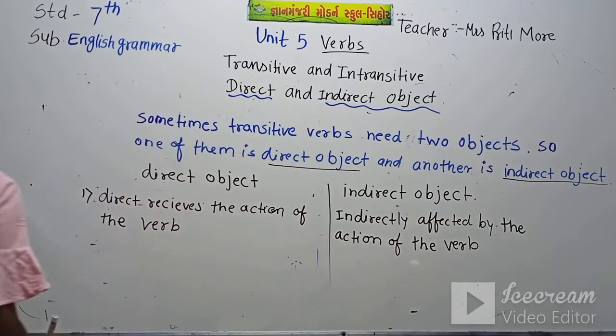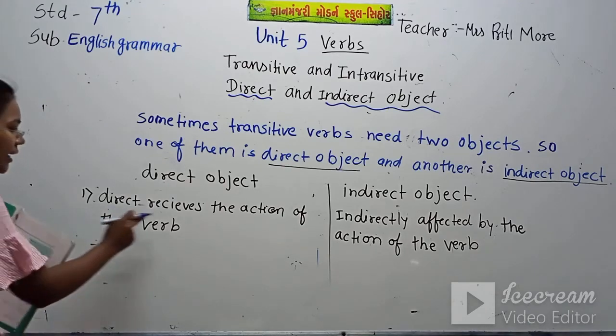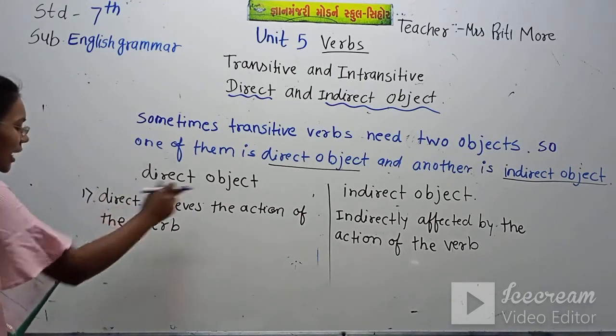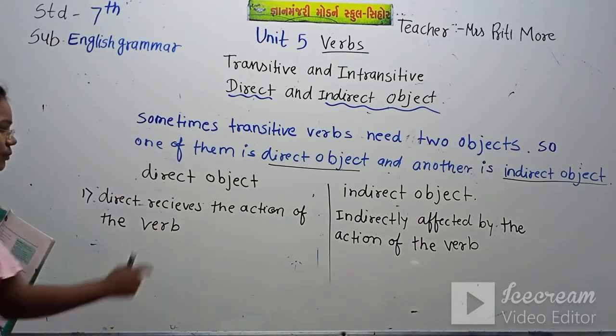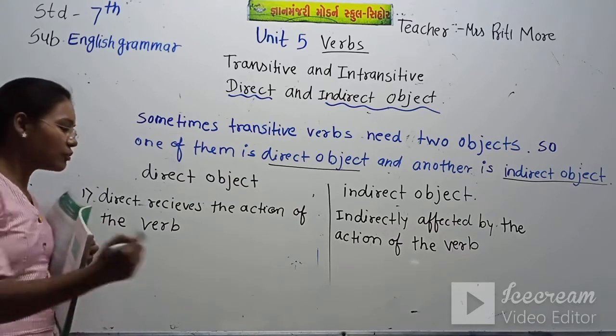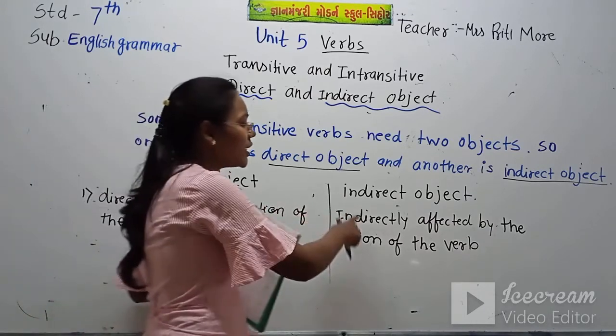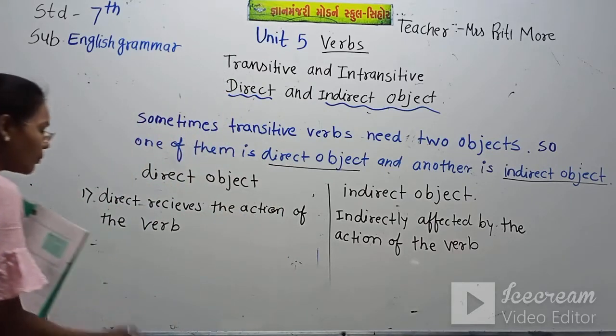The direct object answers the question what. That means the direct object directly receives the action from the verb, and the indirect object is indirectly affected by the action of the verb.